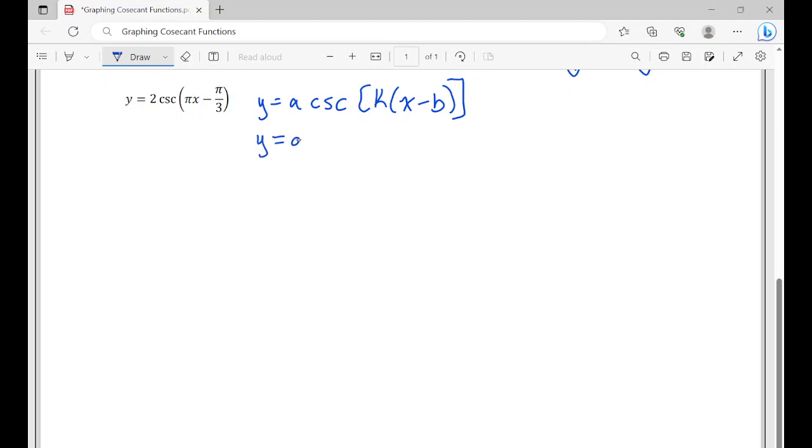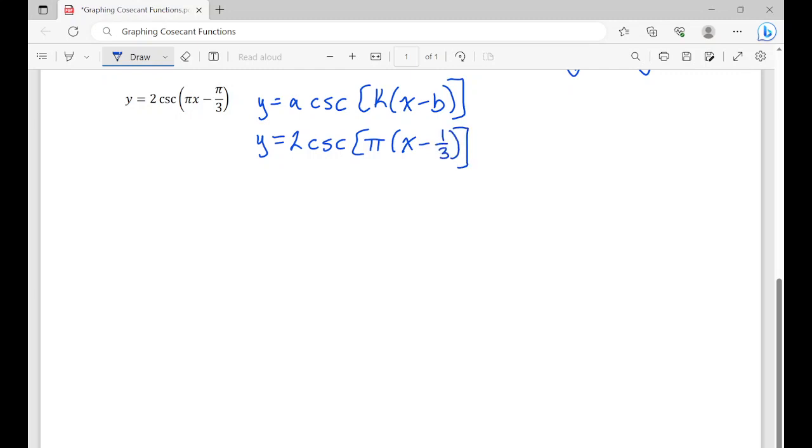So y equals, sorry, not 2. You're reading what's above it. 2, there we go, cosecant of pi times the quantity x minus 1/3. So now we have our properly written function that's shifted.